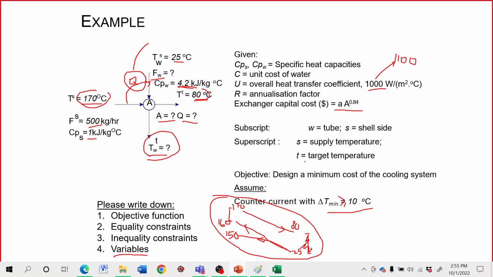What would be the value of the objective function? Or say I made a mistake, and this should be 200 degrees C. If it's 200 degrees C, what would be the optimum or minimum cost that we can get? So using the same model that we are developing, we can play around by changing all of the parameters, which is known as sensitivity analysis. All of these numbers may not be accurate, and practically speaking, they will change.